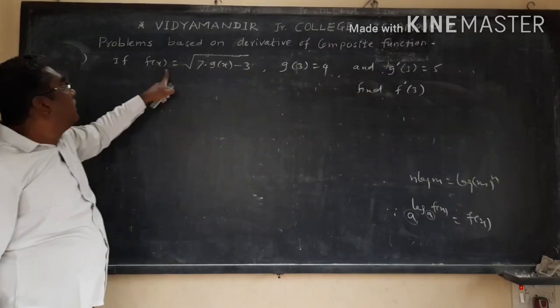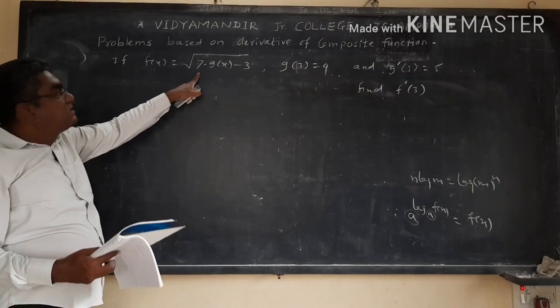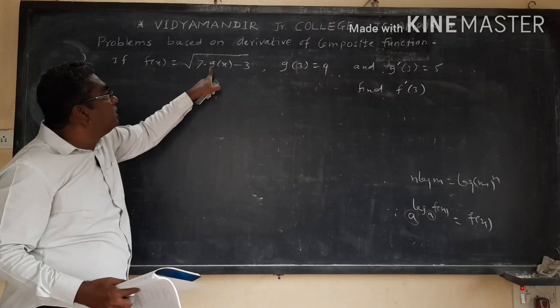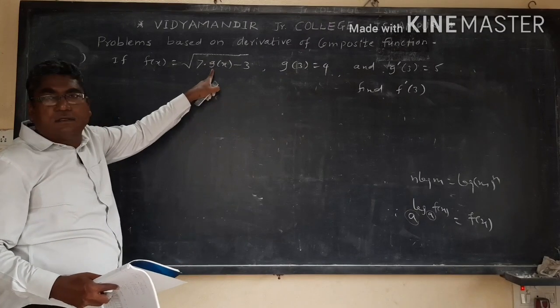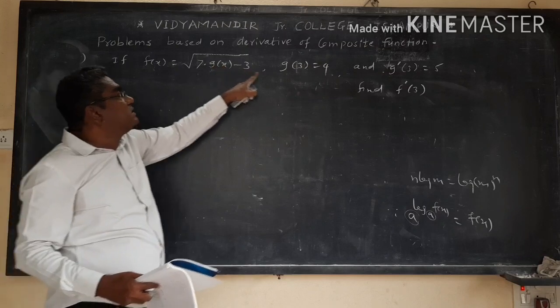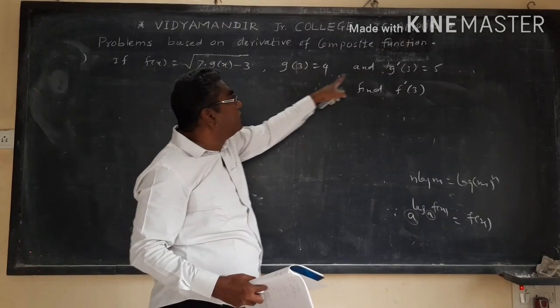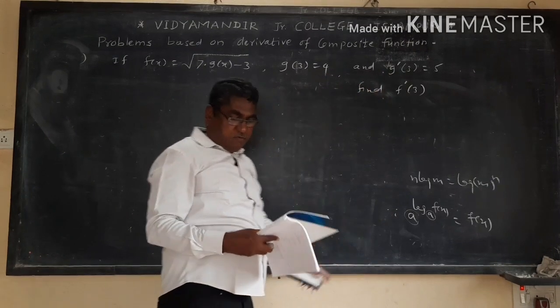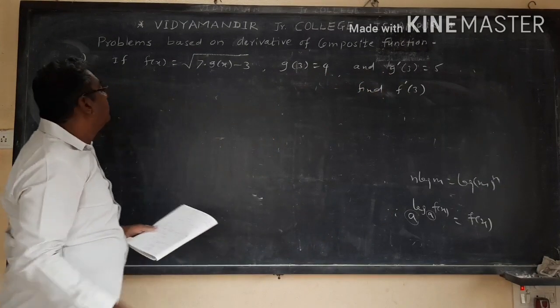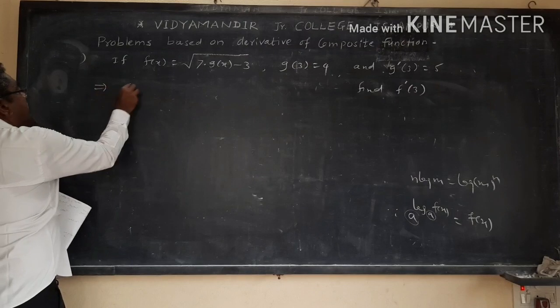Given that f of x equal to root of 7 g of x minus 3, g of 3 is 4, g dash of 3 is 5, given. Solution.